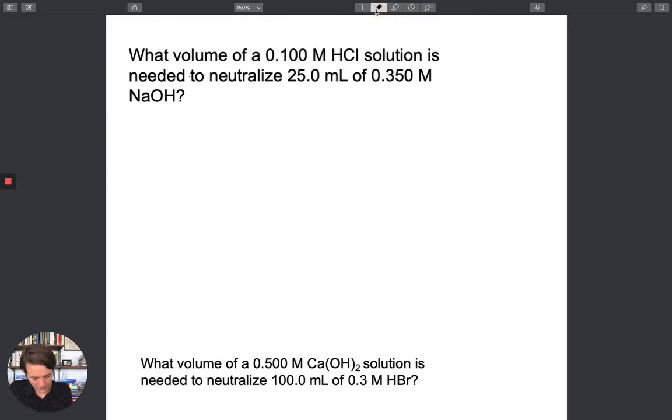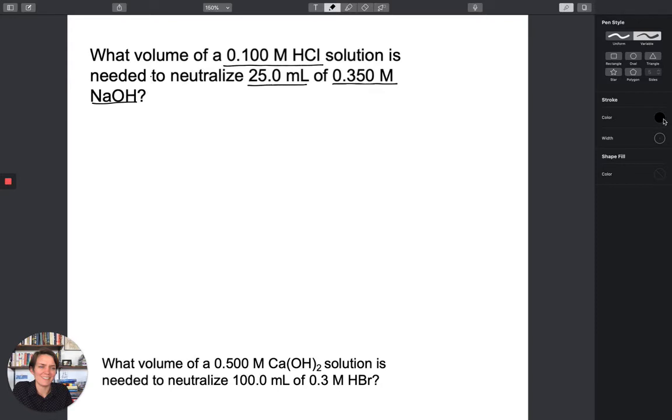One of the best things that you can do is just to underline the numbers and the species that you're looking at, and that's going to allow you to kind of simplify your problem and start to look at it in a more concrete way than sometimes word problems can feel.